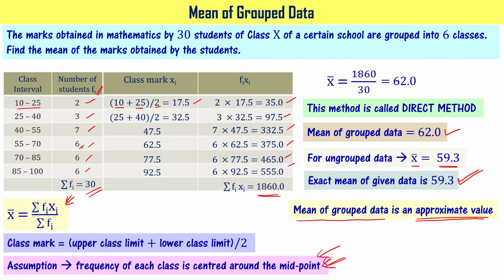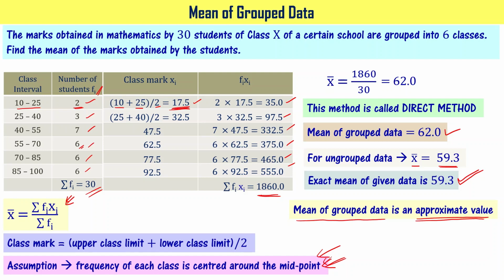For example, for the first class, if you recall, we said that 2 students are there. First student has got 10 marks and second student has got 20 marks, right? So their mean is going to be 15, whereas we said that the class mark is 17.5, right?